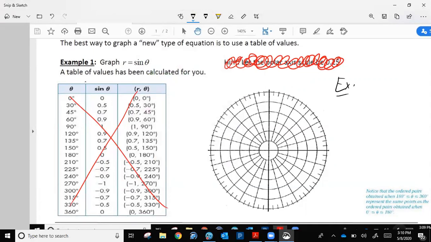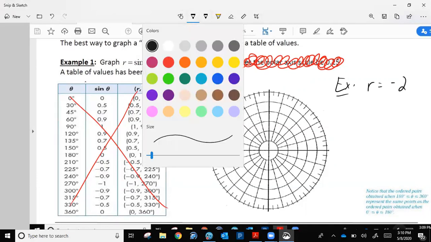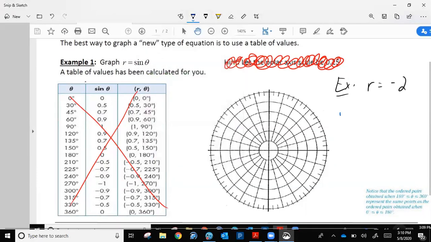So I'm going to say let's graph r equals -2. And also, I'm going to say let's graph theta equals -pi/6.